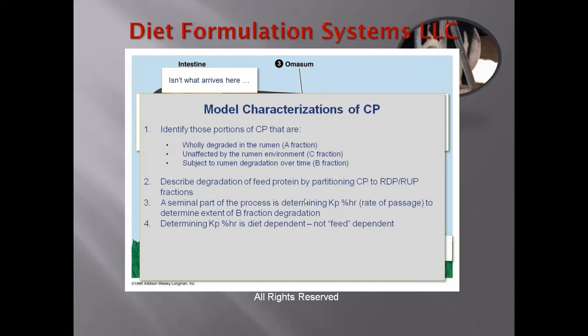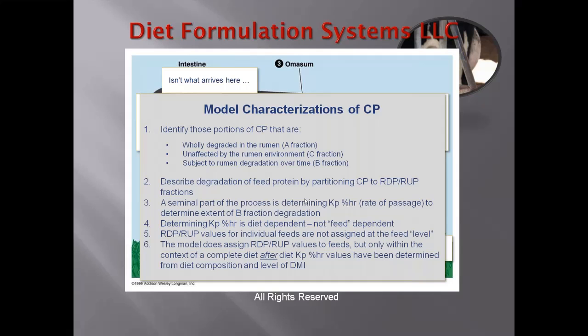So determining passage rate is diet dependent. It's not feed dependent. RDP values for individual feeds are not assigned at the feed level.